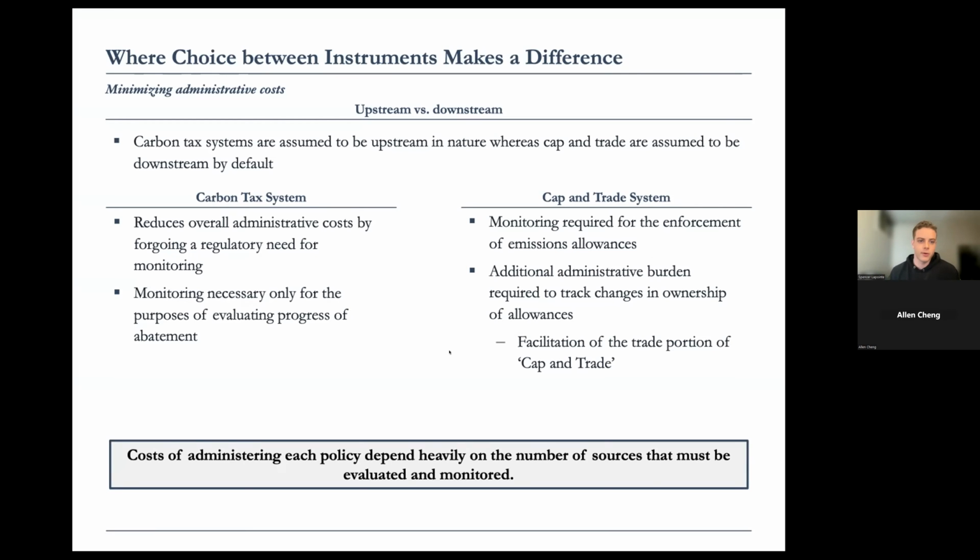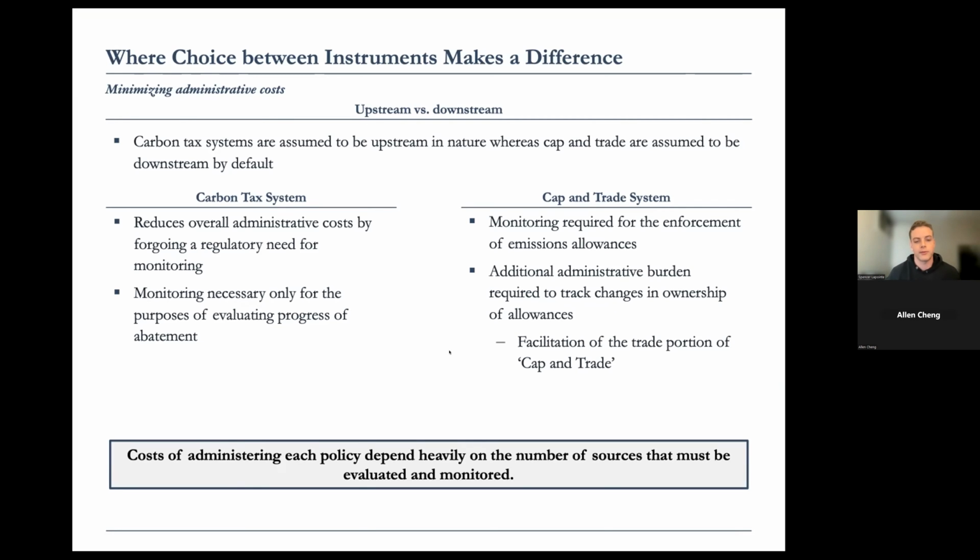And downstream is, of course, closer to the consumer end of the market and involves perhaps millions or orders of magnitude more points of monitoring. And so it's natural that the administrative costs are higher as you move towards downstream in the supply chain, as there's simply more things to monitor and enforce.